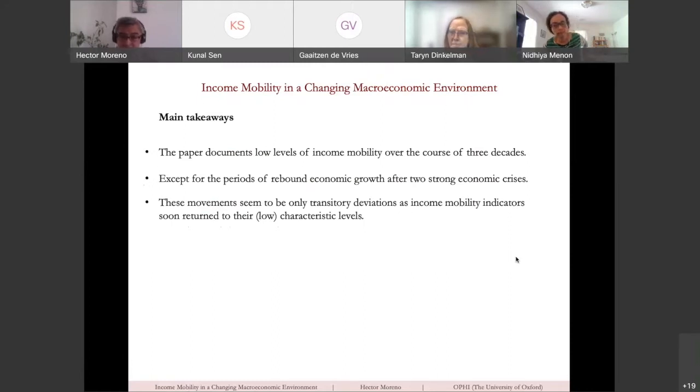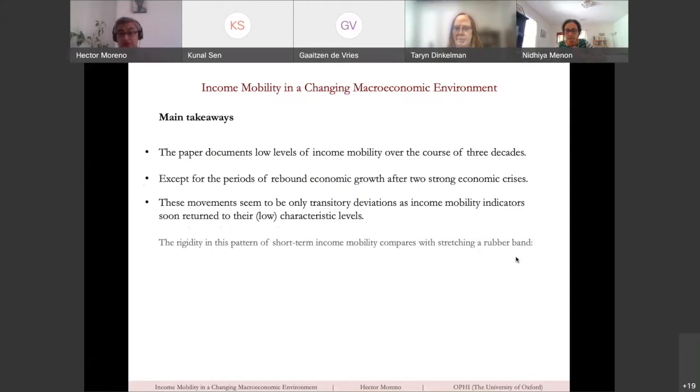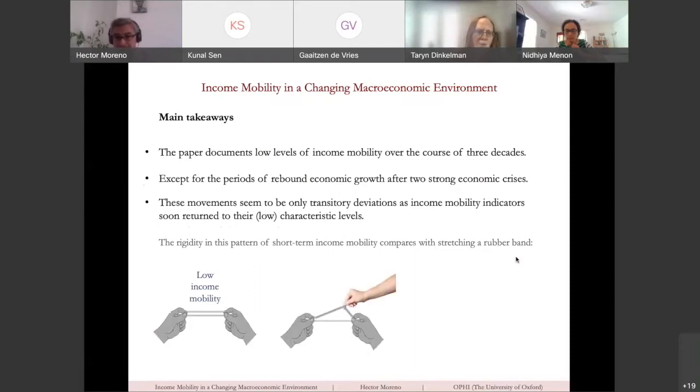These movements, however, seem to be only transitory deviations, since income mobility soon returned to its characteristic level. So in a way, the paper documents some rigidities in short-term income mobility, which let me compare with the idea of stretching a rubber band. So first, we observe very low income mobility.